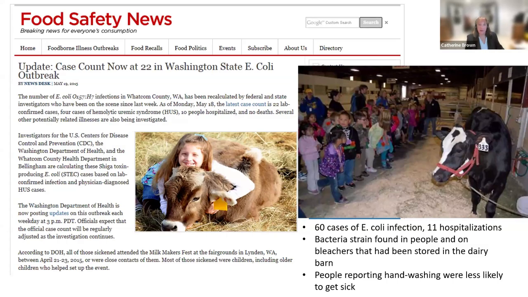So this is one of those agricultural fairs that I mentioned before. And this was a bunch of E. coli infections, a bacteria that can be carried asymptomatically in multiple species of animals, but when it gets into humans, can cause very severe illness and, in fact, even death sometimes.